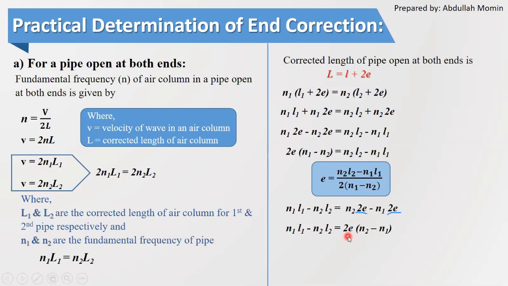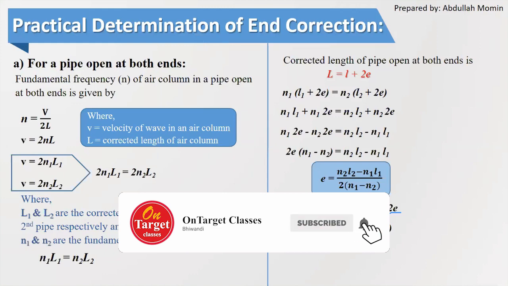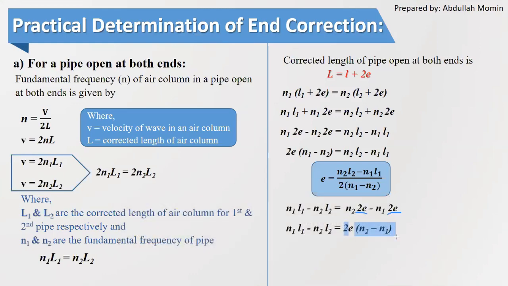Now this 2 and this bracketed term, that is N2 minus N1, are in multiplication with E, and when they go to the other side of the equal sign, we can write this term in division.